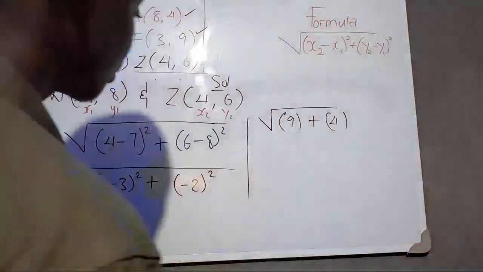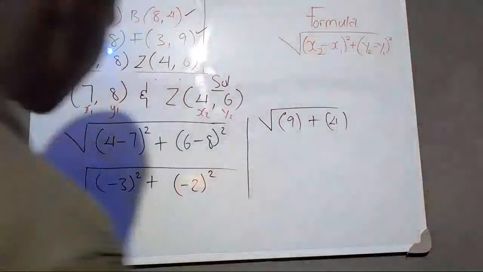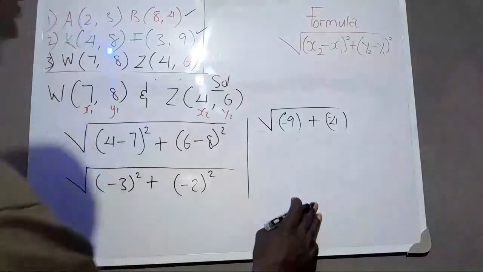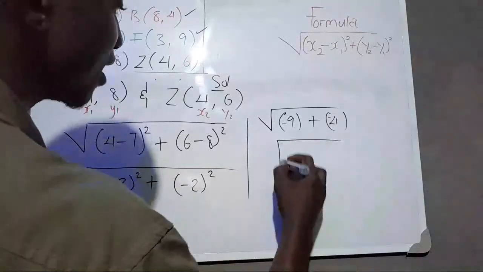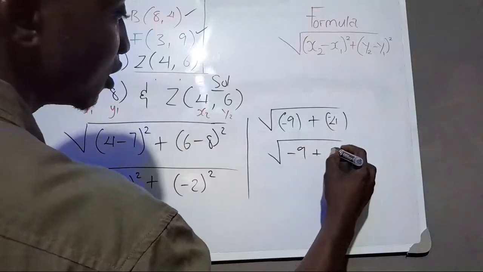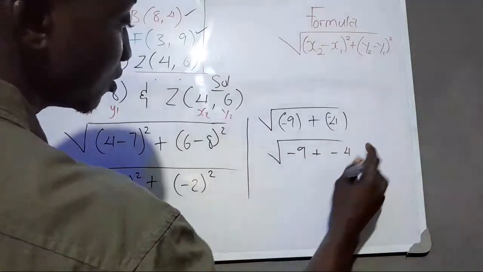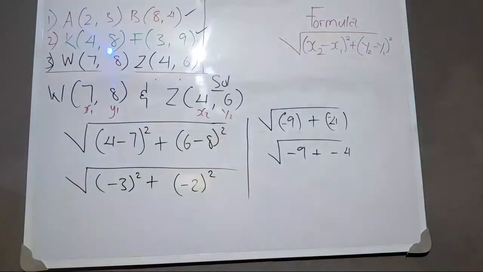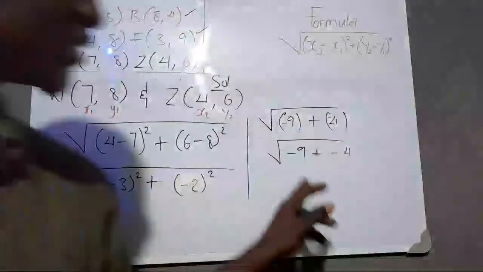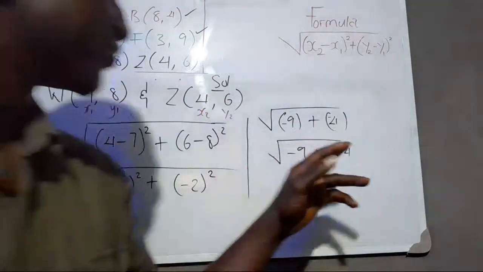So we have negative, this is negative as well. To remove the bracket now, we have 9 plus, we have minus 4. Now, how do we do this? It's very straightforward. You have negative 9, you have negative 4.